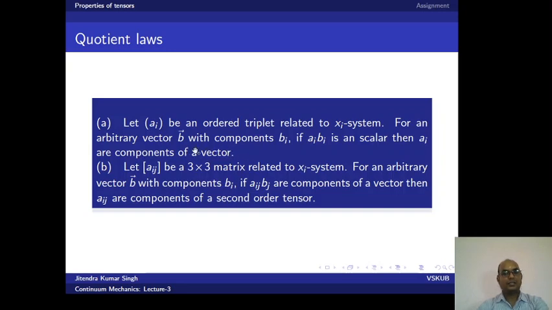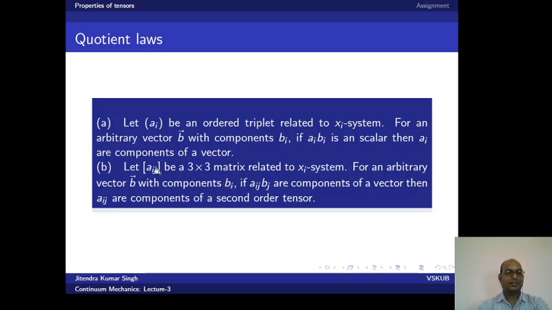You can say this is just a short converse of contraction, because there we proved that if a_i and b_i are components of vectors, then a_i b_i is a scalar. And we also proved that if a_ij are components of a second order tensor and b_i are components of a vector, then a_ij b_j are components of a vector. So here we have to do the reverse.